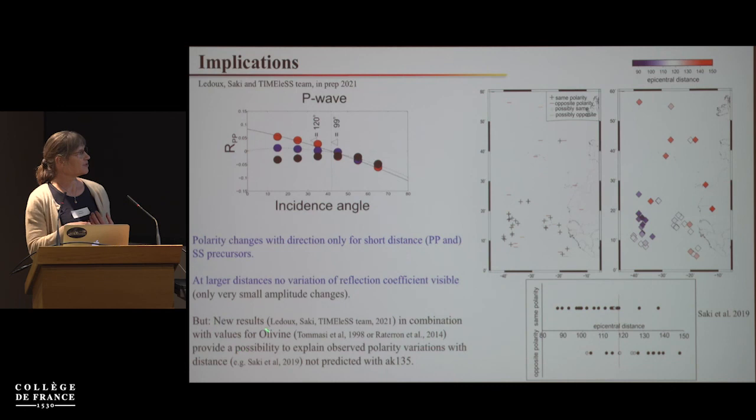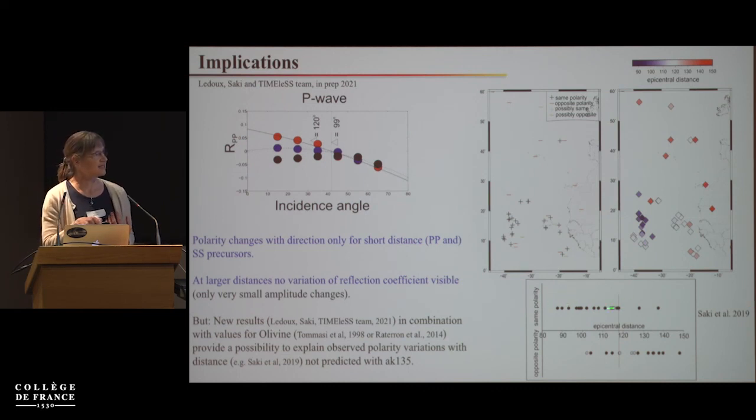But, as I said before, the new results are really useful because they can explain the opposite polarity observations that, for example, Movarit Saki has published in 2019, where we really tried to find a model that can predict the same polarities for some epicentral distances and then opposite polarity for other epicentral distances. And these new values seem to be able to explain that kind of behavior of polarities.